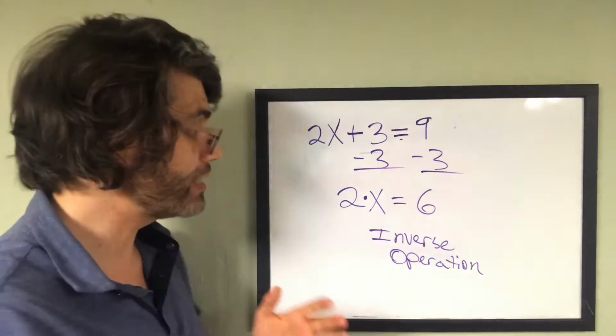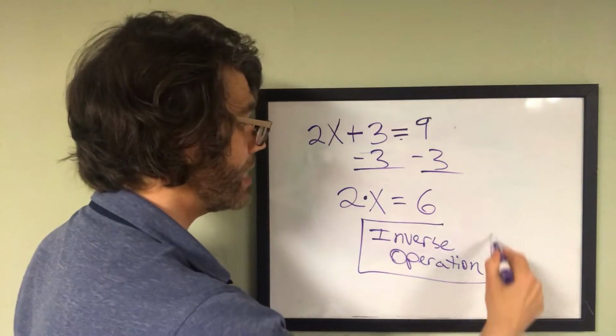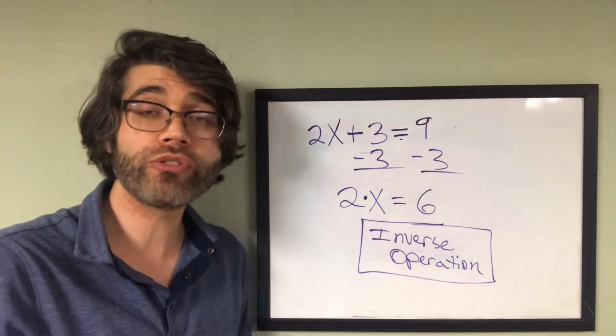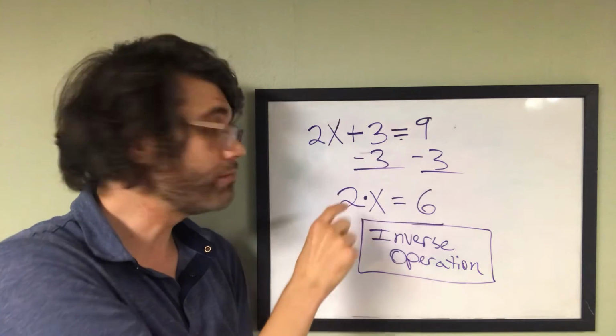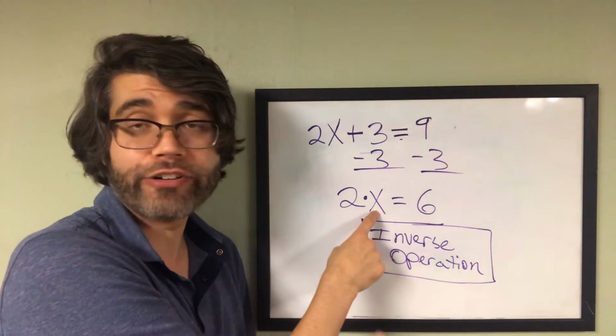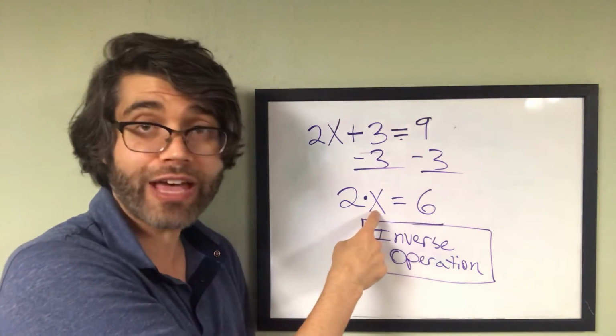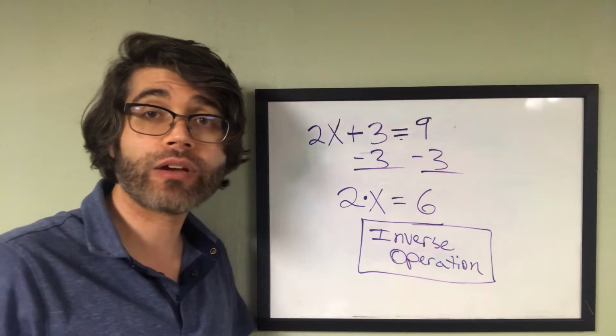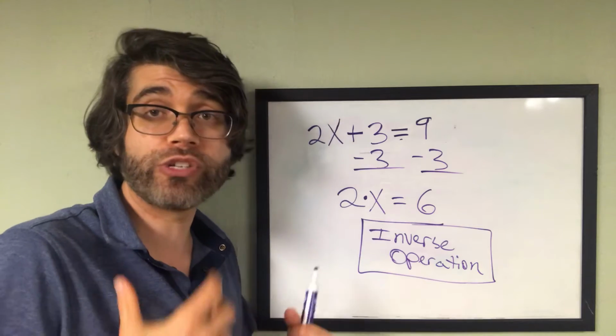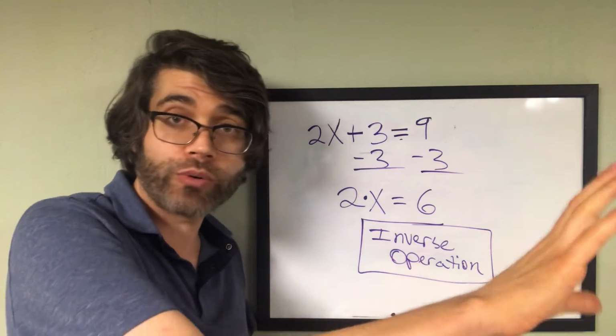Well, there's an actual name for that. It's called the inverse operation. So you do these inverse operations so that you can completely isolate whatever variable you're trying to find the value of. So we do everything in reverse order. Kind of like when we were doing PEMDAS, which is the order of operations, we were working forwards.